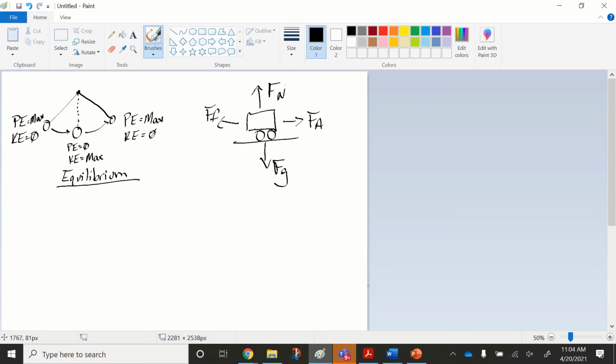If all of those forces are equal, then you have a net force of 0. And if you have a net force of 0, then you have absolutely no acceleration. Now, that doesn't mean you're not going anywhere. According to Newton's first law, that just means you're not changing your motion. If you're moving, you stay moving at that speed and in that direction. If you're not moving, then you remain at rest. And that's what equilibrium means.